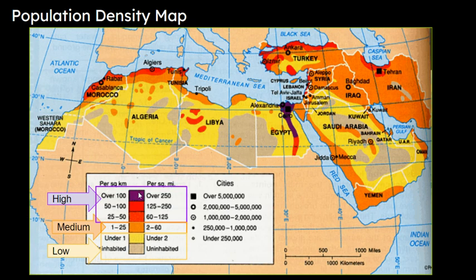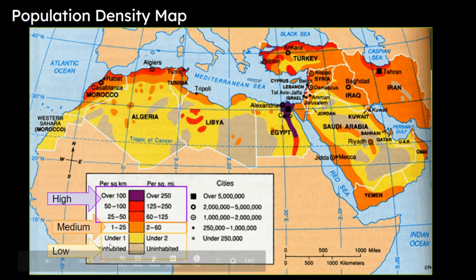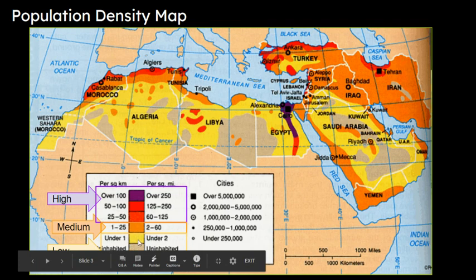So for example, in purple area, which can be found right here on the map, you notice that this is the area with the high population density, over 250 people per square mile in this location. There are some places with medium population density, which will be your orange colored places. And then the low will be in yellow and this dusty pink area.